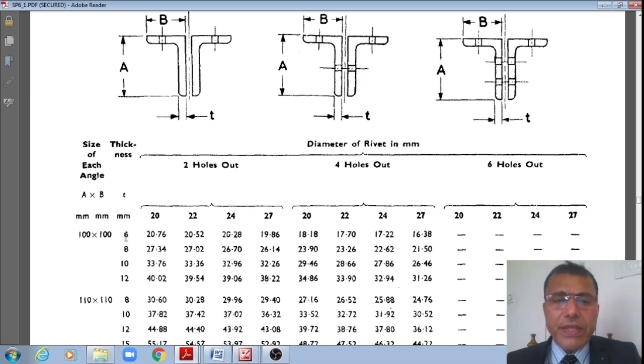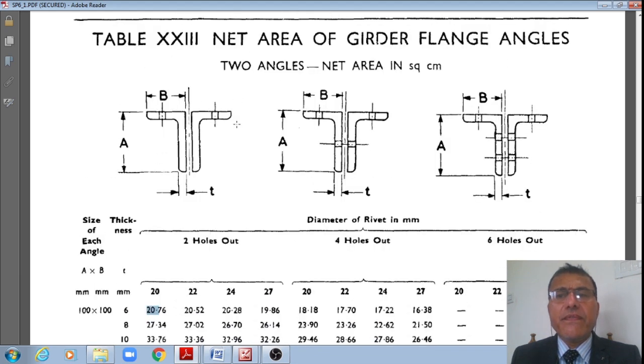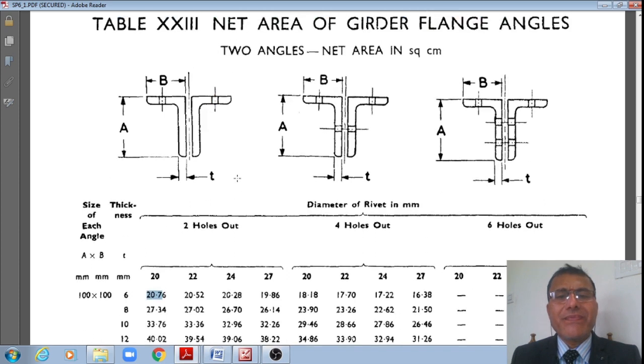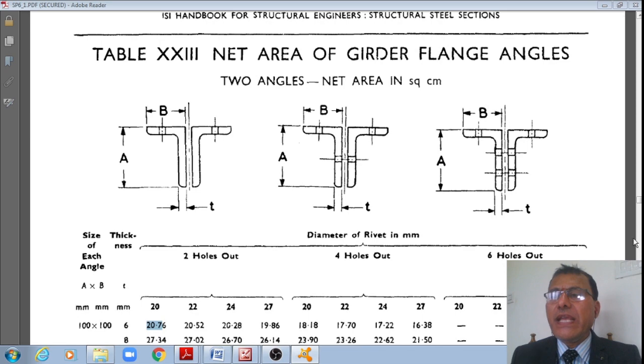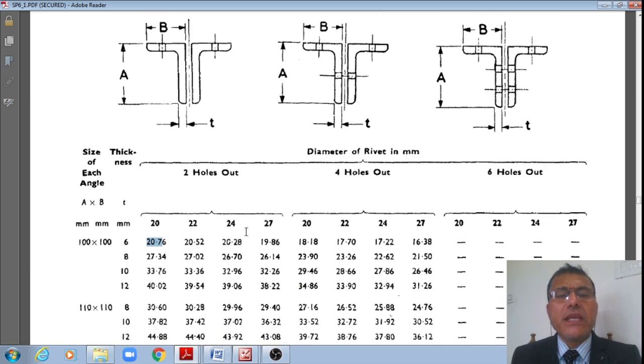If you are having that, then if you are using the diameter of the rivet or that of the bolt 20, then the net area of the girder flange angles, right, after deduction of this highlighted area, two areas, the net area of those angles in the flange is given by 20.76, like that. If you have 22, 24, 27, right?